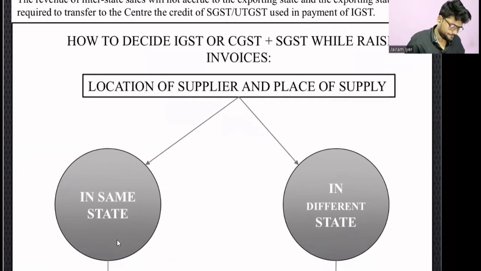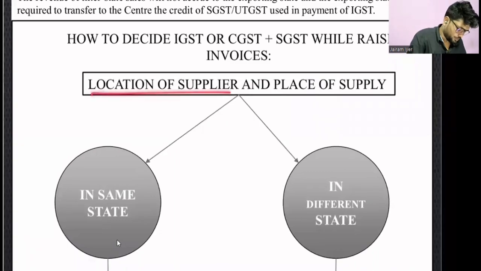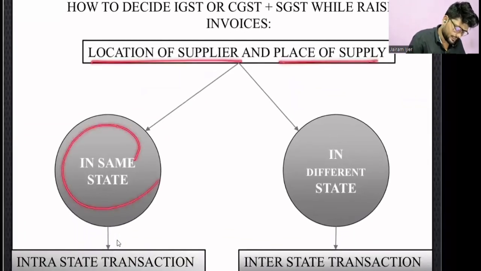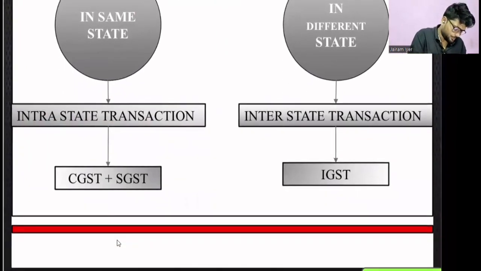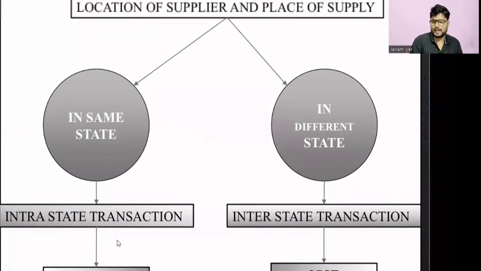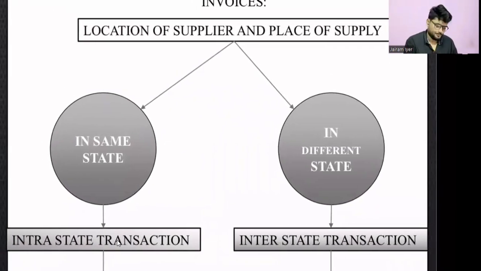If the location of the supplier and place of supply are in the same state, it is intrastate, so CGST and SGST will be levied. Suppose it is a UT, then just replace the word SGST with UTGST. And if the location of the supplier and place of supply are in different states, then it is an interstate transaction, that is IGST. Okay, let's have a quick recap in Hindi.